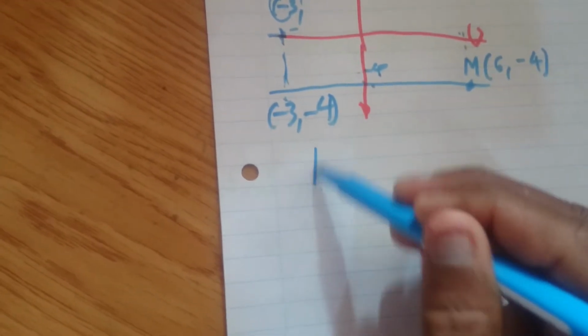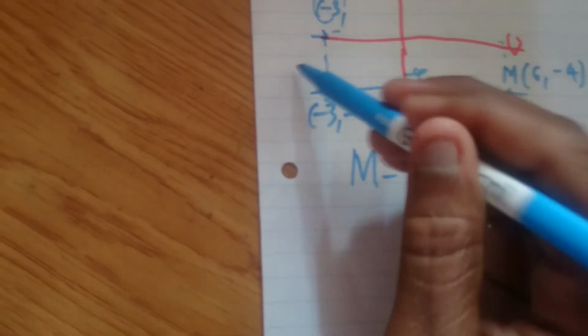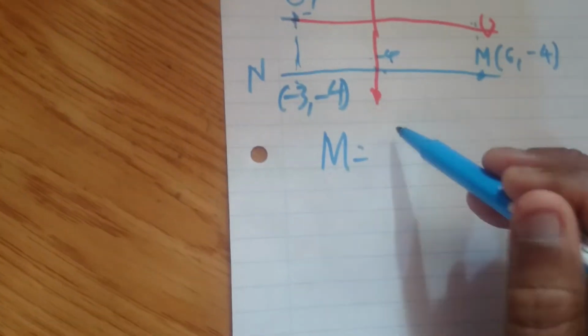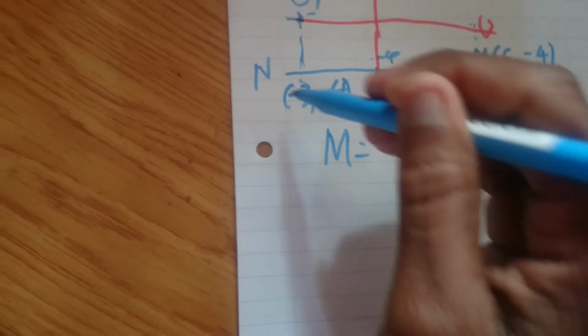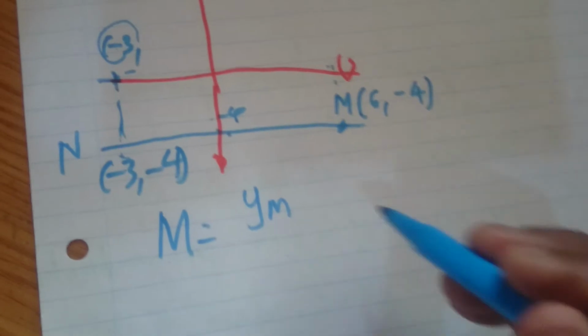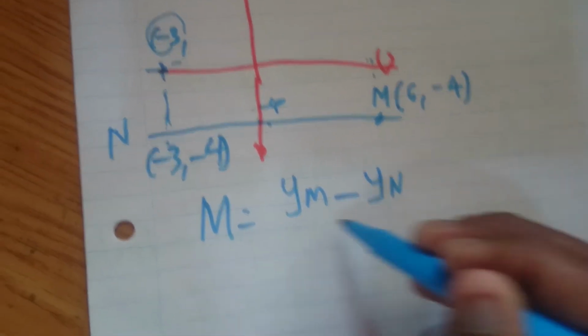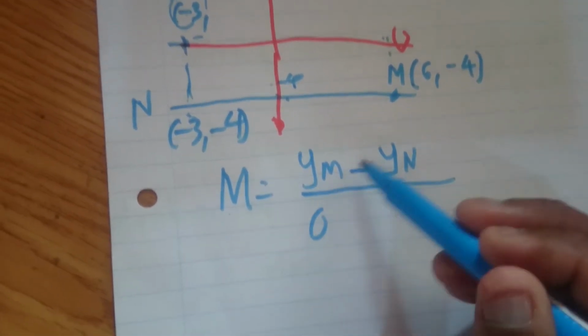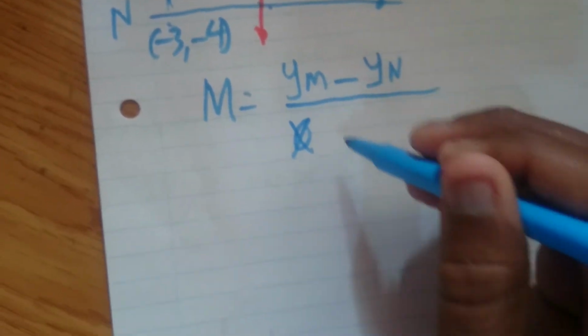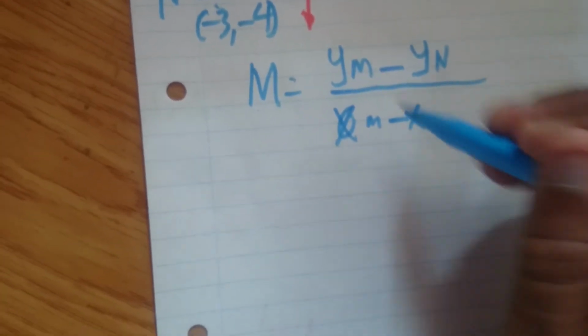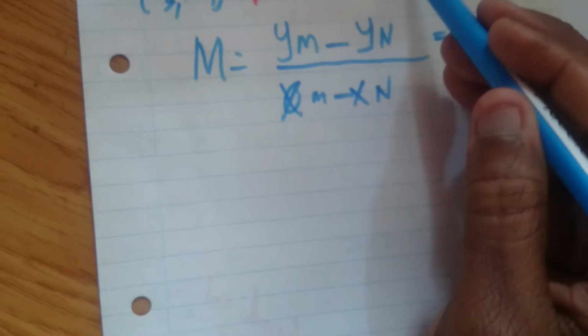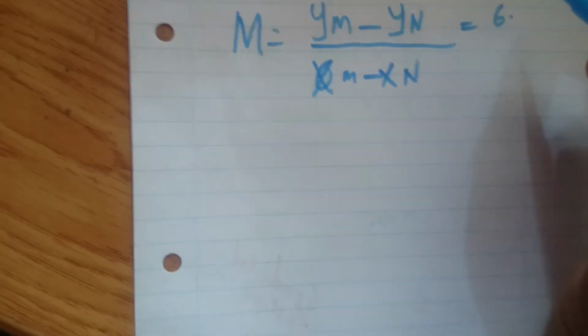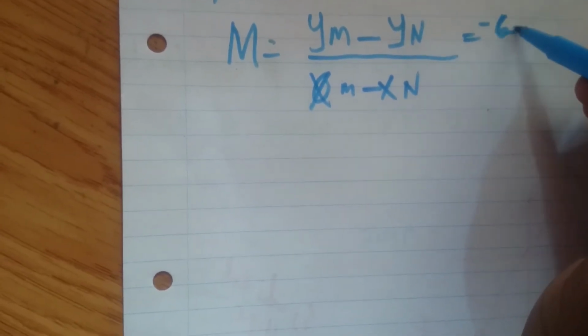So let's get the slope. We say slope equals m minus n. Let's say points M and N, and you can start with either one, it's optional. So y at M minus y at N, over x at M minus x at N. What is y at M? It's -4, my apology.